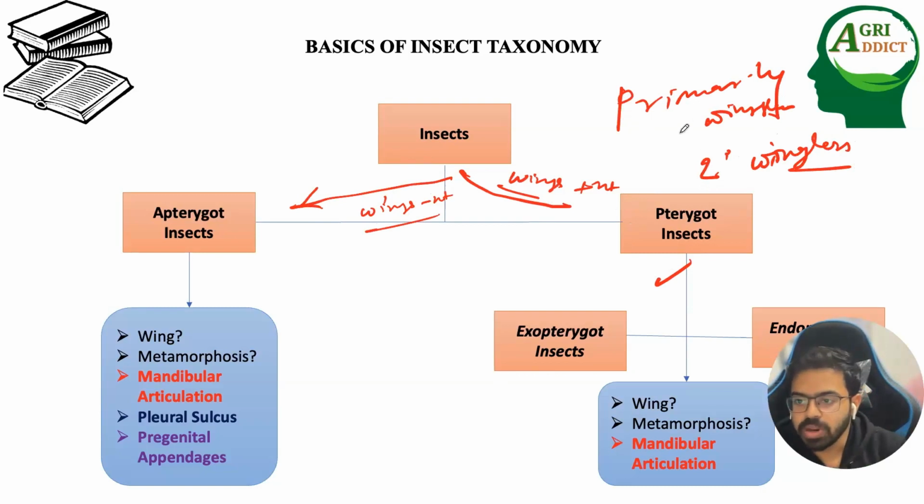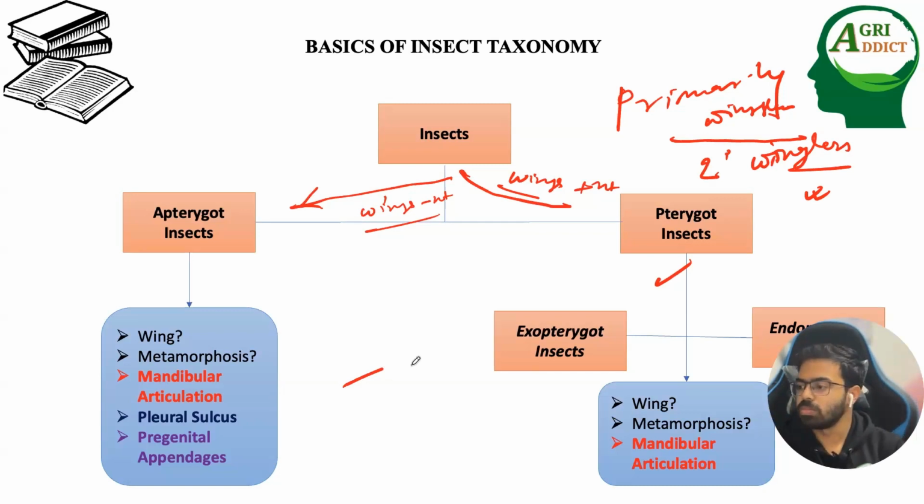What do you mean by primarily wingless and what do you mean by secondarily wingless? Anyone of you? Atul, Digal, Atul, anyone of you, please tell. Then Saxena, sir, the insects that were always wingless from their origin. Please tell again. Sir, those whose origin was wingless. Yes, yes, exactly.